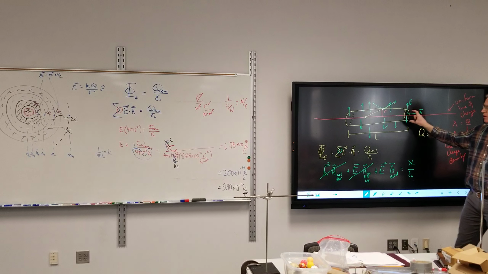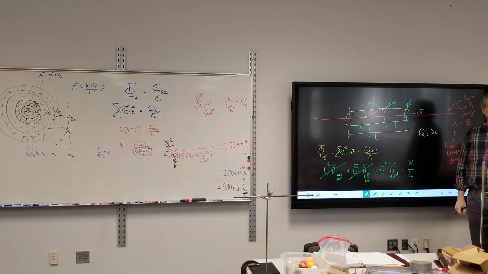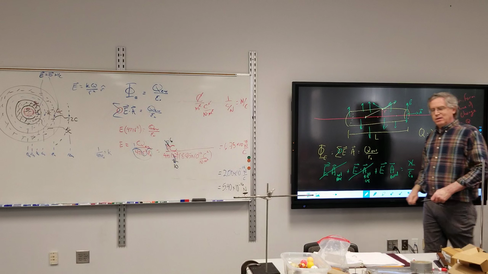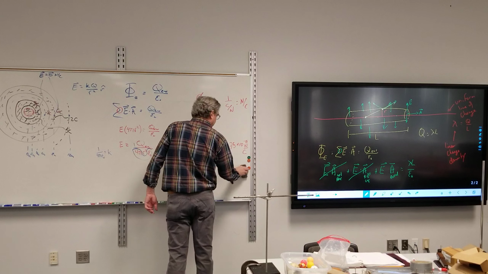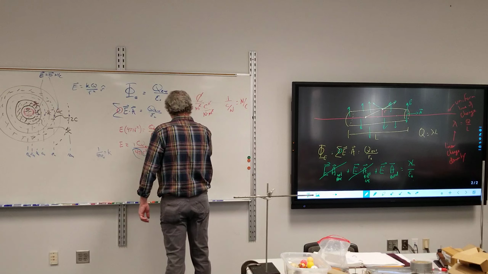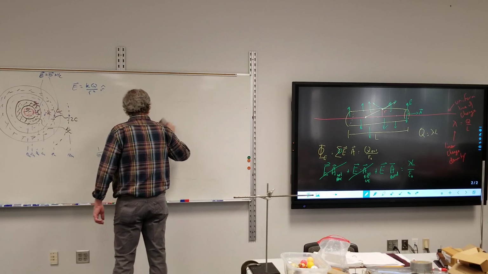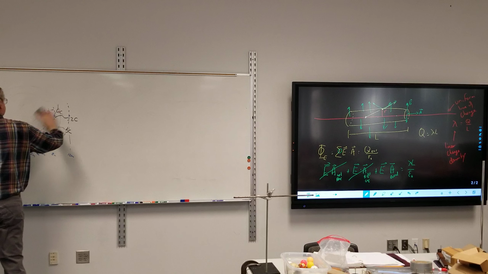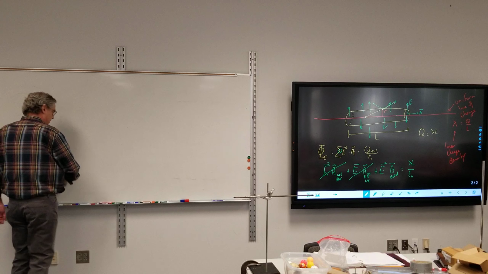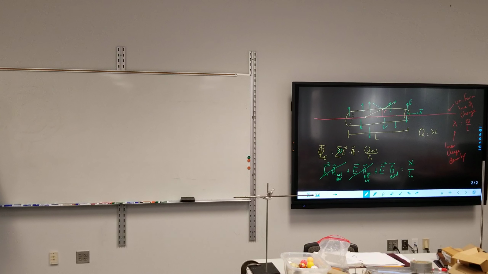And what is the surface area of the barrel? Surface area of a cylinder, the side of a cylinder.